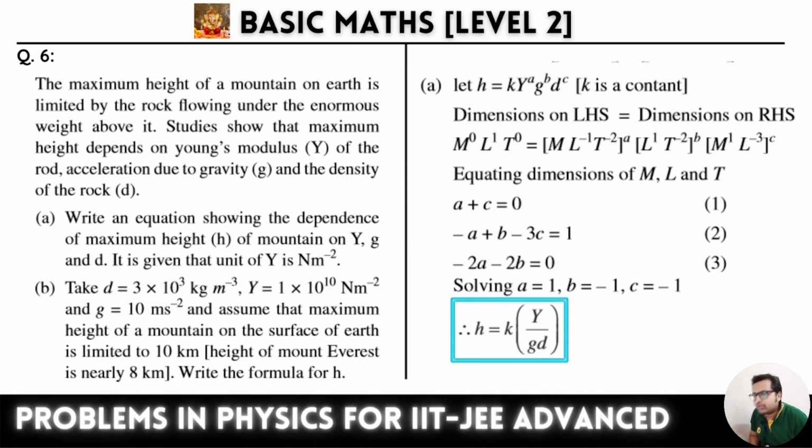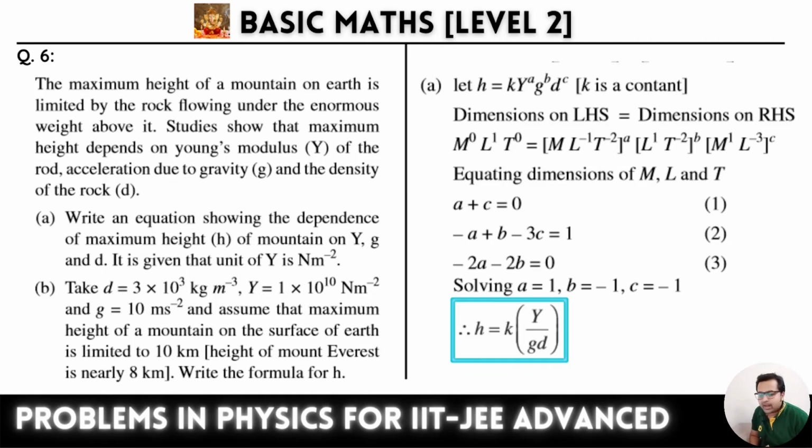And for the dimension of RHS, first I have to calculate the dimension of Y. How will you calculate it? Using the unit, which is given in the question: Newton per meter square. Newton is force, and force is mass into acceleration, so MLT⁻². So MLT⁻² into L⁻², so the dimension of Y is ML⁻¹T⁻² to the power of a.